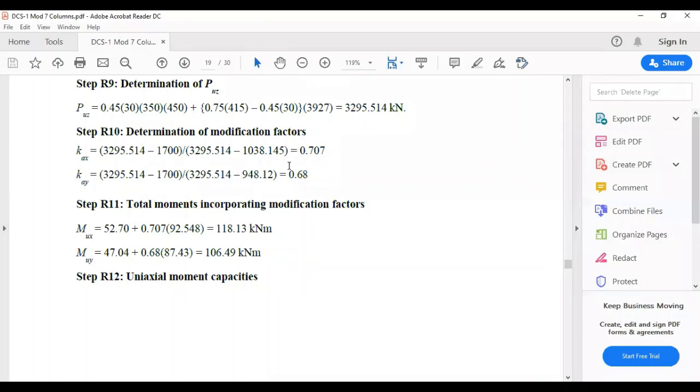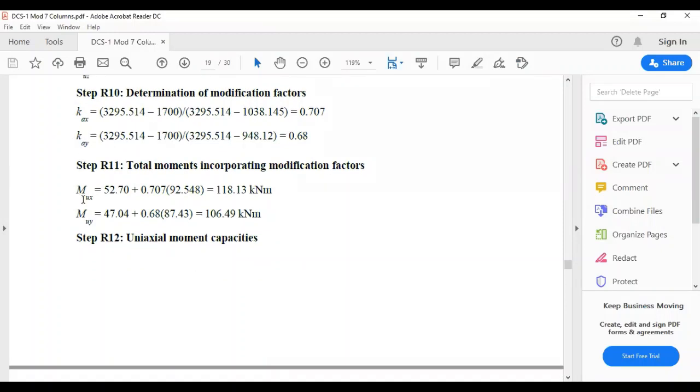Now using these modification factors, we'll find the value of total moments, which we did in step 11. So the revision of step 11 would be like this: MUX is 52.7 plus 0.707 into 92.548, and the value comes out to be 118.13 kilonewton meter. Similarly, the value of MUY using this modification factor comes out to be 106.49 kilonewton meter.